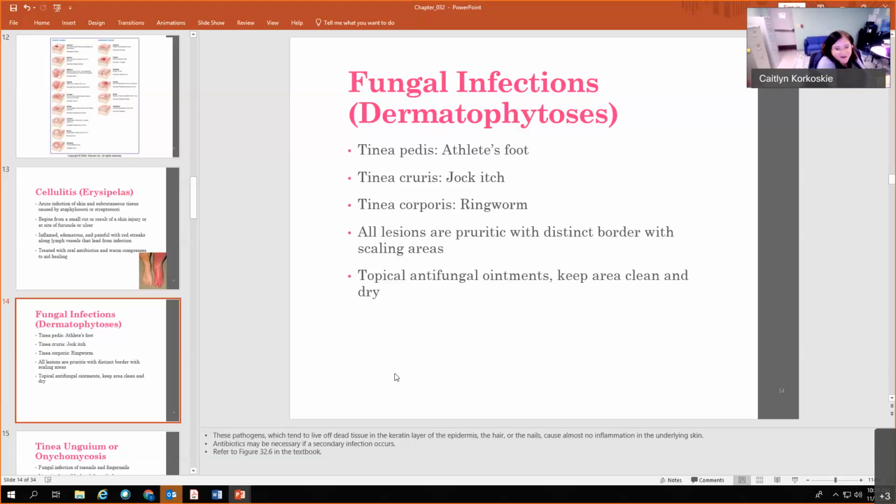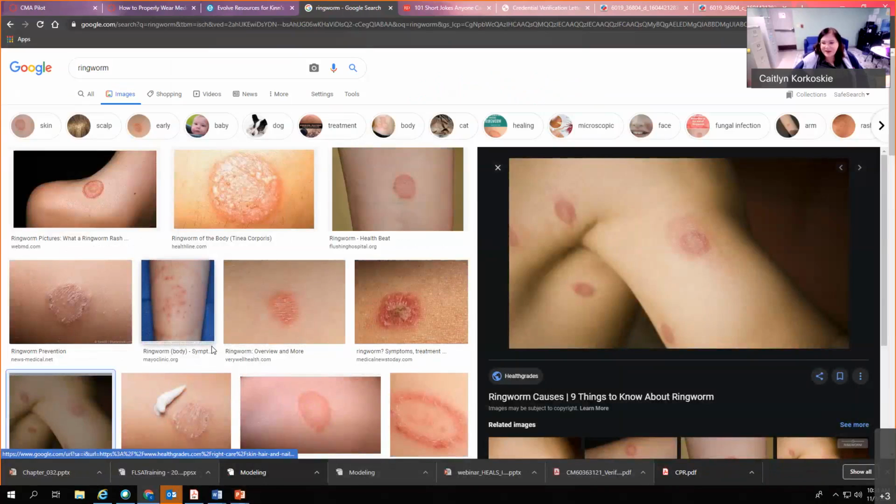Fungal infections are mostly going to be in areas where you have lots of moisture on your body, like your feet, any fold that you have in your skin, and then the ringworm too. Again, that most commonly happens to people in wrestling.